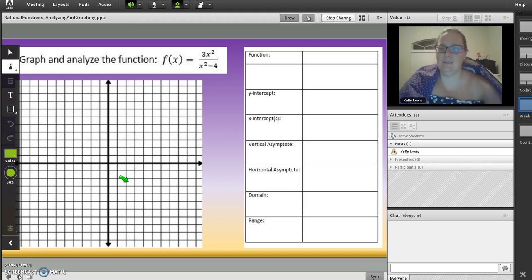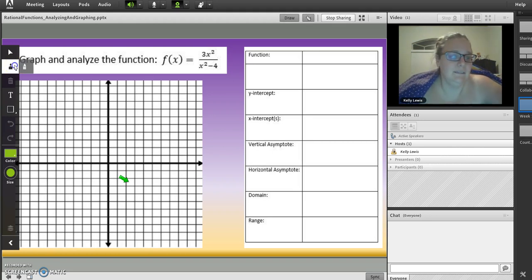So that's what I'm looking at, and I'm going to write the things I need to find.